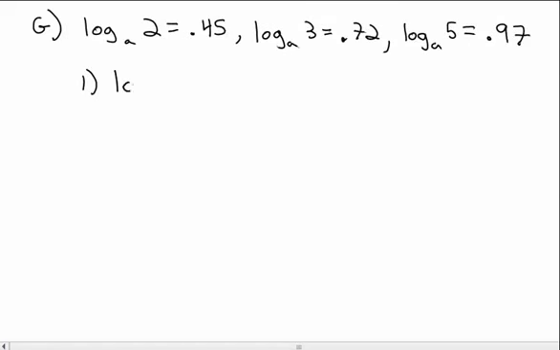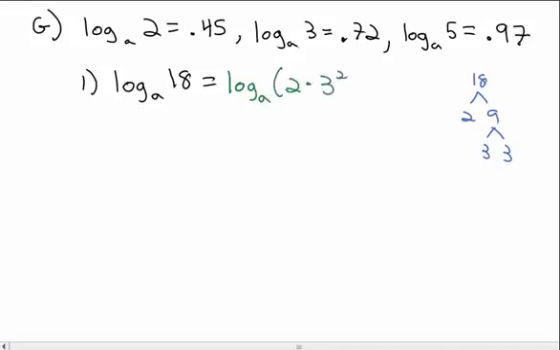For example, if we want to know what the log base a of 18 was equal to, we would say, well, 18, let's factor it. That's 2 times 9. Well, 9 is 3 times 3. So really, log base a of 18 is log base a of 2 times 3 squared. So let's take this multiplication problem and let's expand it.